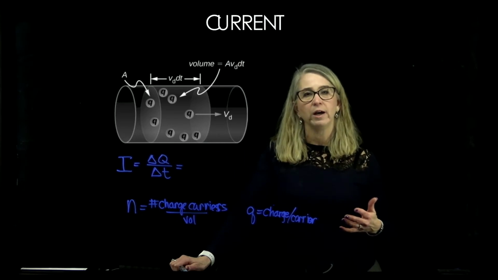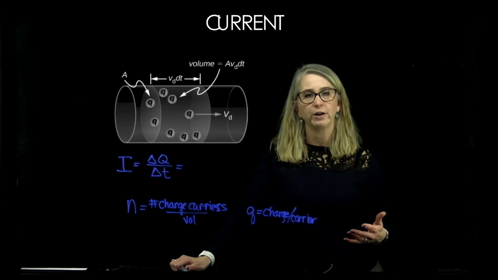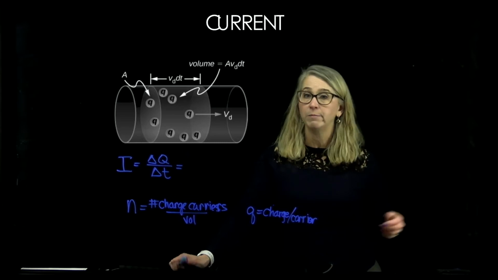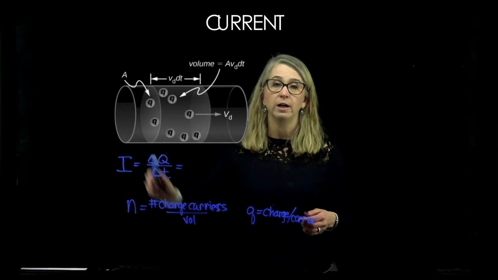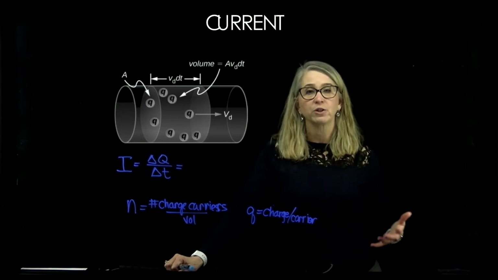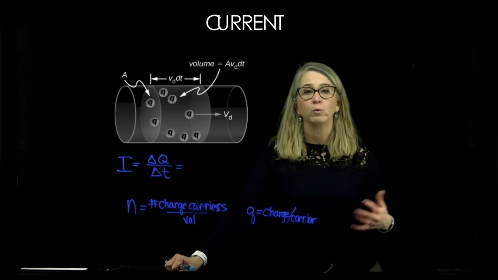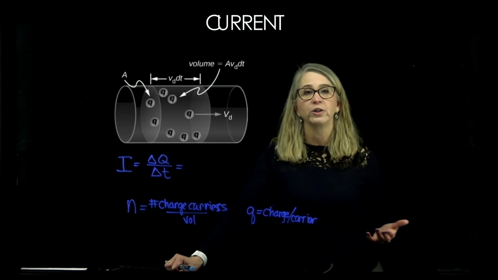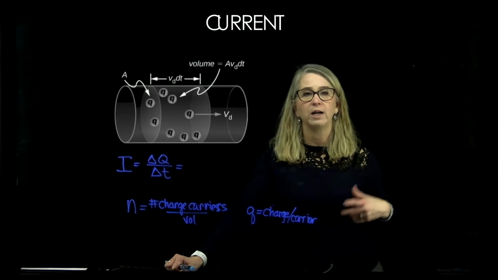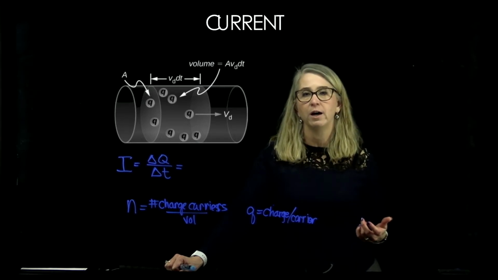In that amount of time, a certain amount of charge carriers will pass by that magical start line, and however much charge passes through will be the total amount of charge. And then when I stop my stopwatch, that will determine the amount of time.